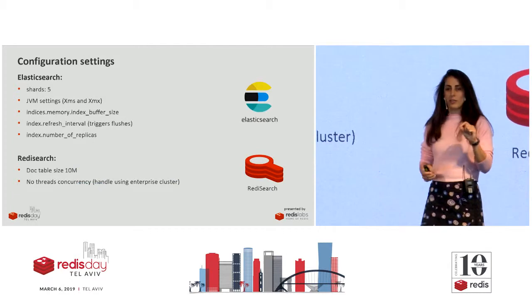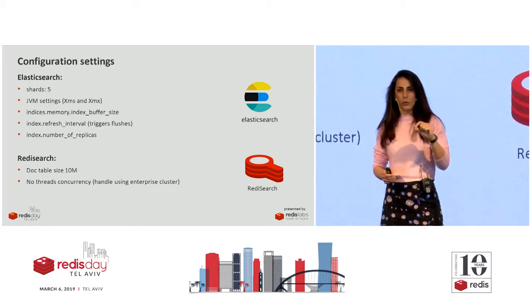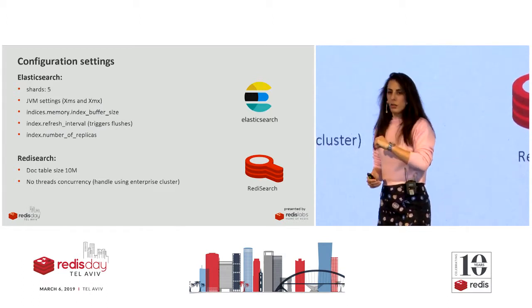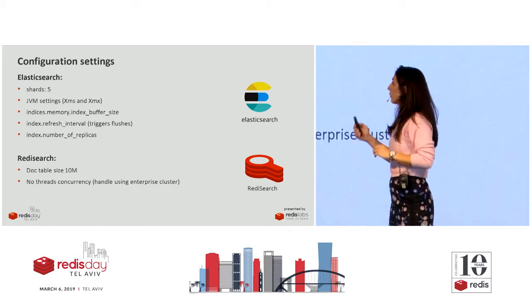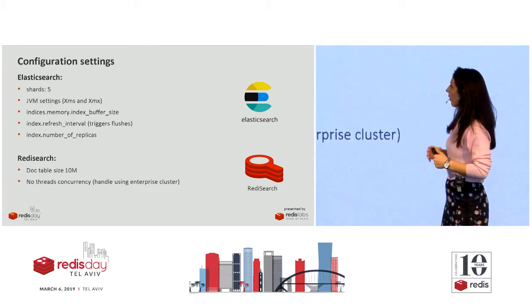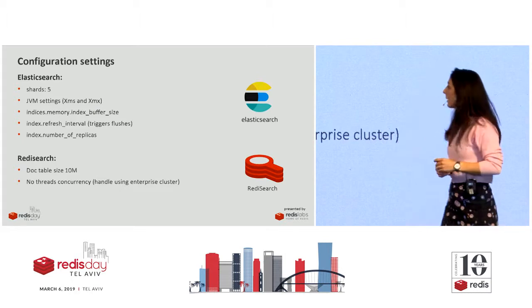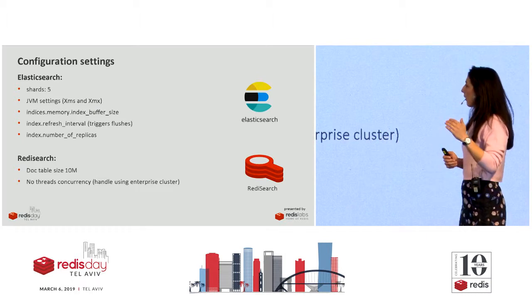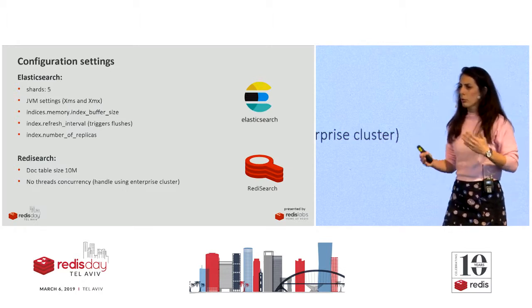And the configuration settings that we used, we are doing our best to optimize each platform to run at the fastest number that we can. So we spend a lot of time to optimize Elasticsearch. We were running with 5 shards. We increased the JVM settings from 1 gigabyte to 25 gigabytes. We stopped the refresh for, how many people are using Elasticsearch here?